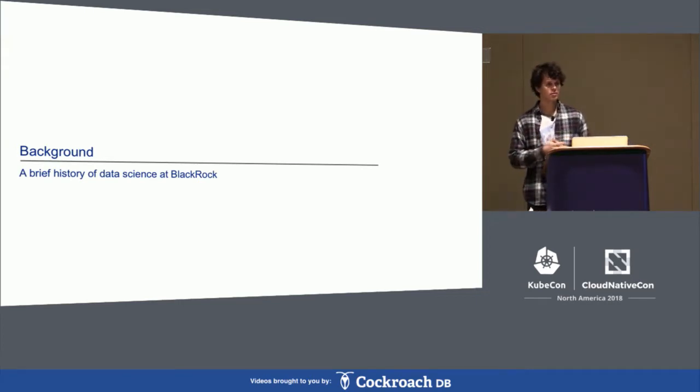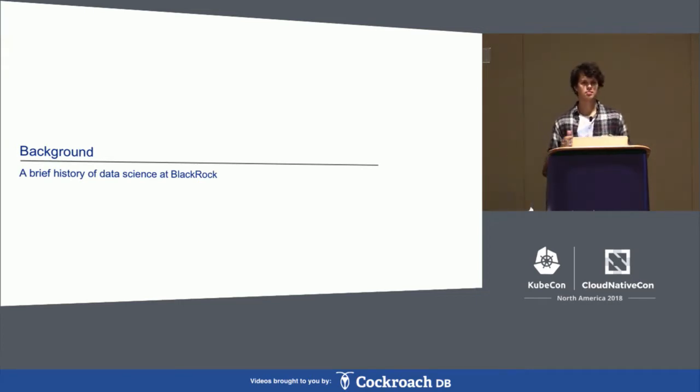So let's begin with a brief history of data science at BlackRock, and Kubernetes. Now, we can't talk about the entire history of data science at BlackRock because we would literally have to recount the entire 30-year history of our firm. The fact is, and we all know, Kubernetes hasn't been around for 30 years.